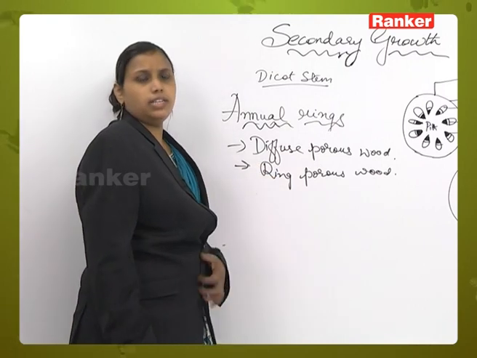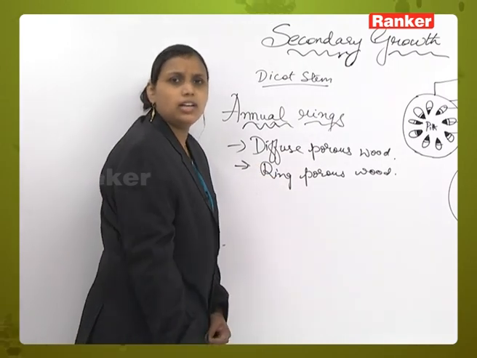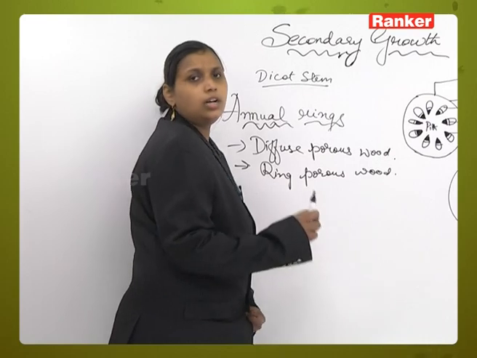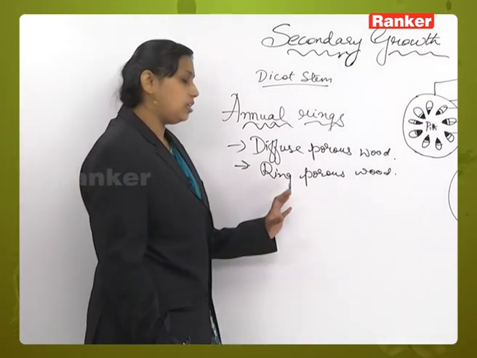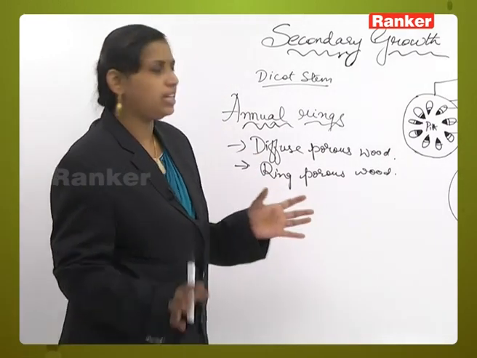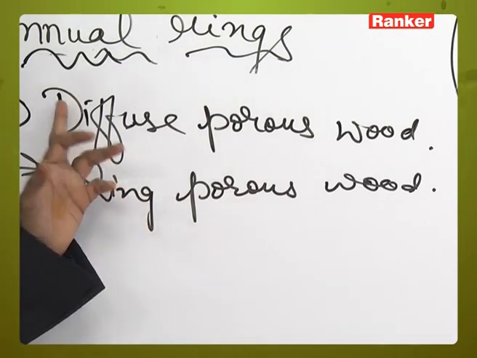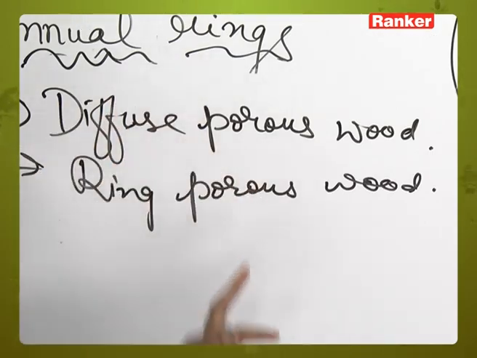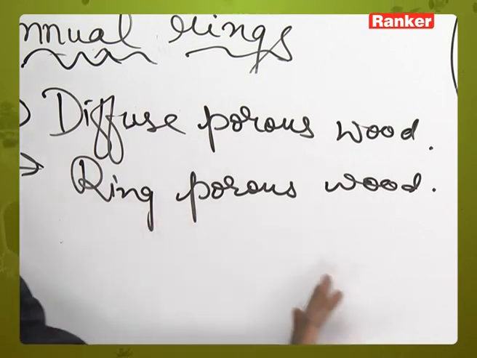As we said, the xylem vessels which are thin and longer are seen in the early wood. Next, the xylem vessels which are narrower and thicker are seen in the late wood. So, what is the difference between diffuse porous wood and ring porous wood?